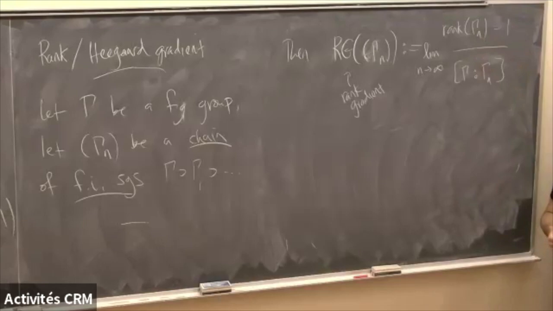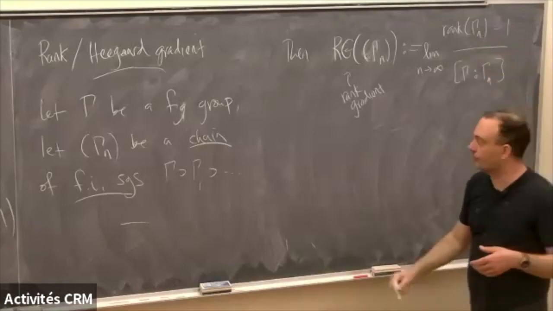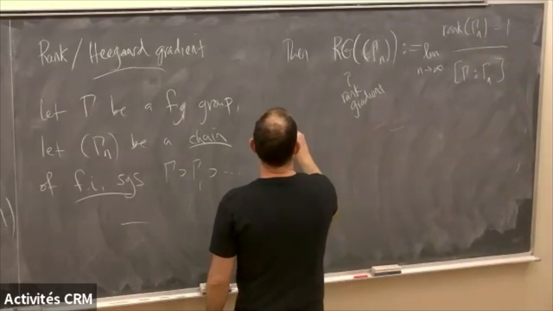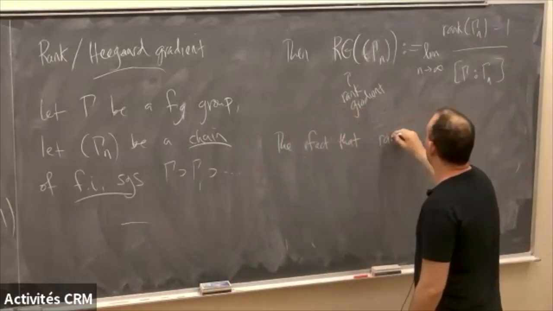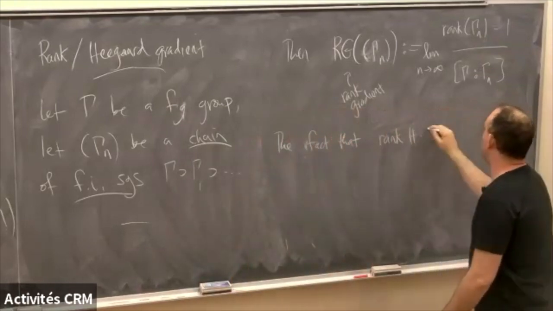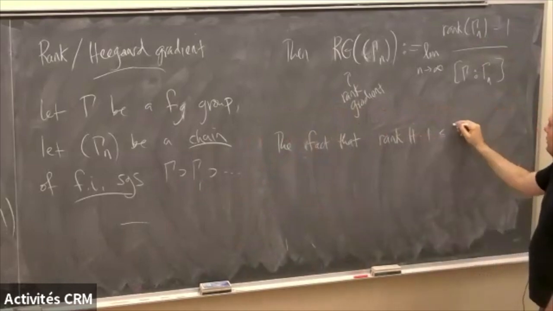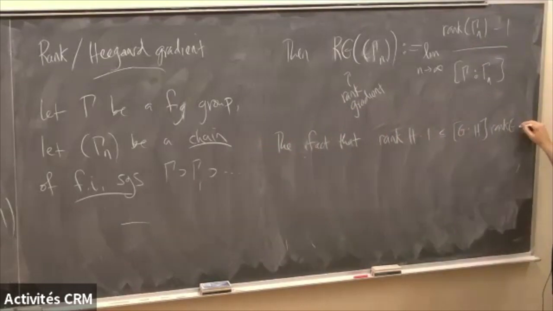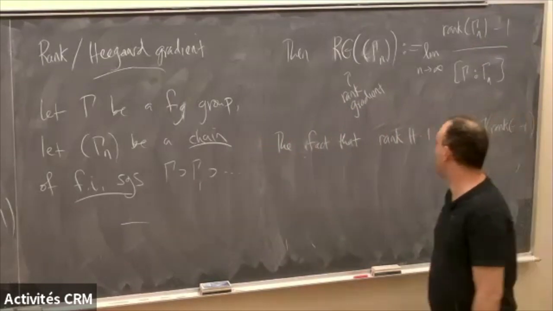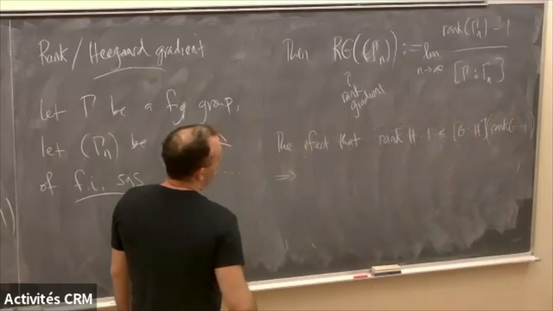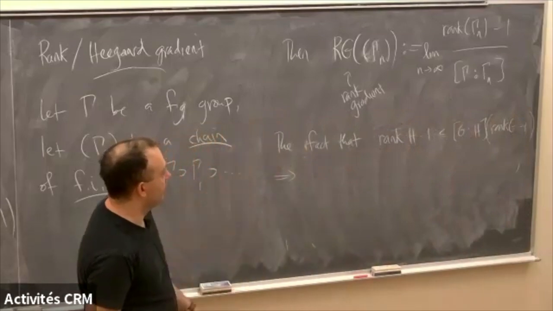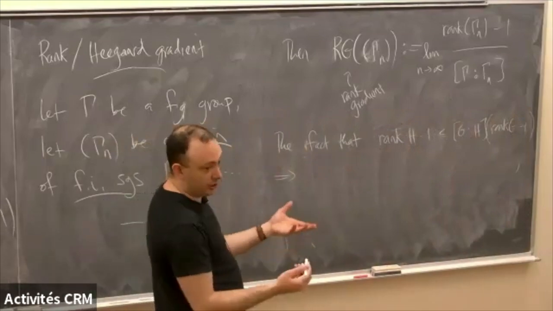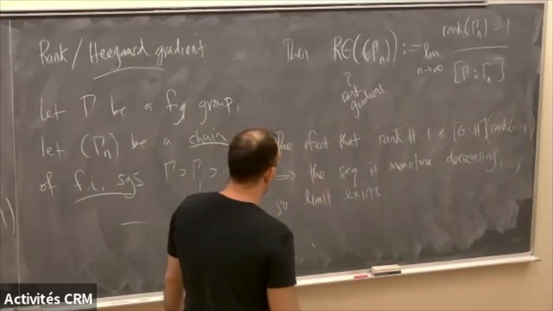We include the 1 because of the fact that I proved to you earlier, that rank h -1 is at most the index of h in g times rank of g -1, which implies that this sequence is monotone decreasing, and in particular the limit exists. So that's rank gradient.